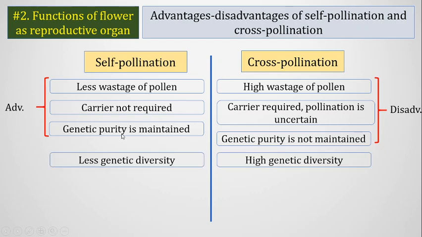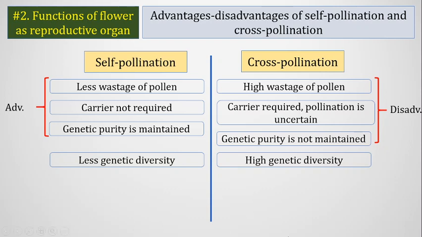When we consider some other features, we see that in self-pollination there is less genetic diversity, because the offsprings will be identically cloned to the mother plant, so there will be no genetic difference between the mother and the offspring plant.